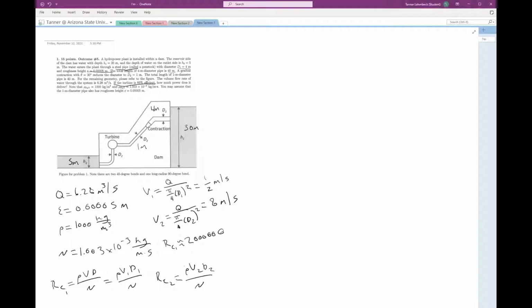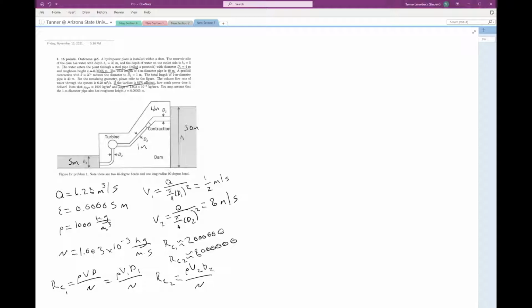And then our second Reynolds number, sorry, let's fix that, this Reynolds number is almost 8 million. Both of these are greater than our critical value for laminar flow, which is about 2100, I believe, 2300. So we know we're dealing with turbulent flow in both of these cases.